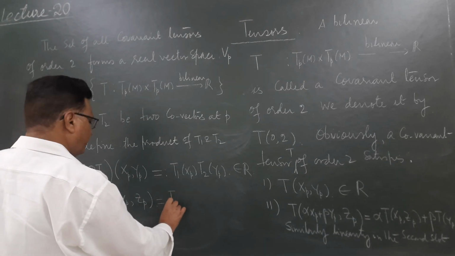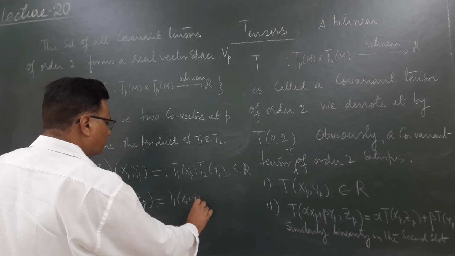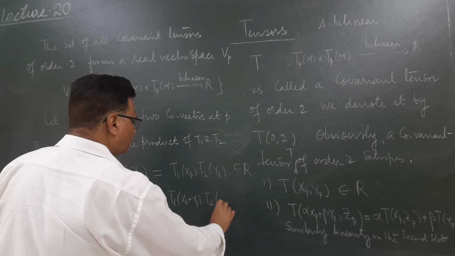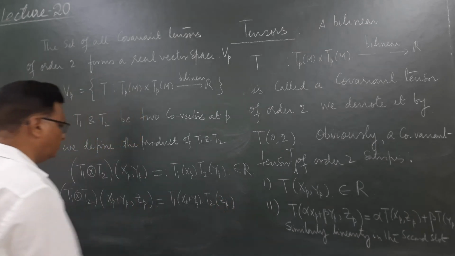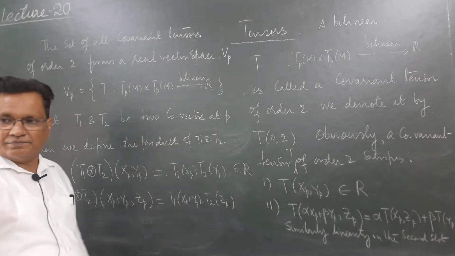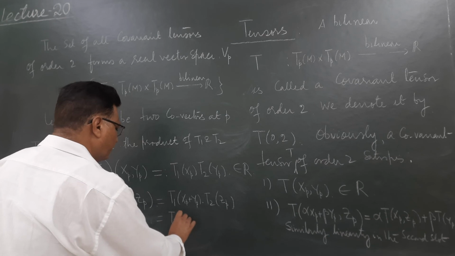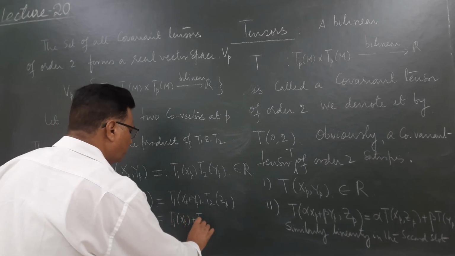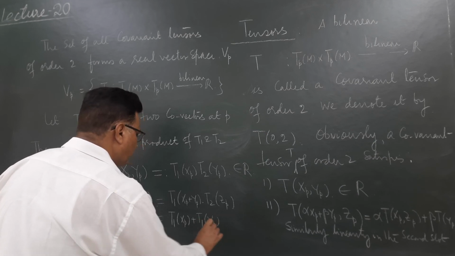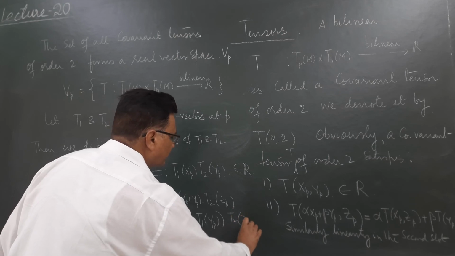You will have T1 operating on xp plus yp multiplied by T2 operating on zp. यही आएगा इस डेफिनेशन से. और T1 बाइलिनियर, so T1(xp) plus T1(yp), and the whole thing is being multiplied by T2(zp).